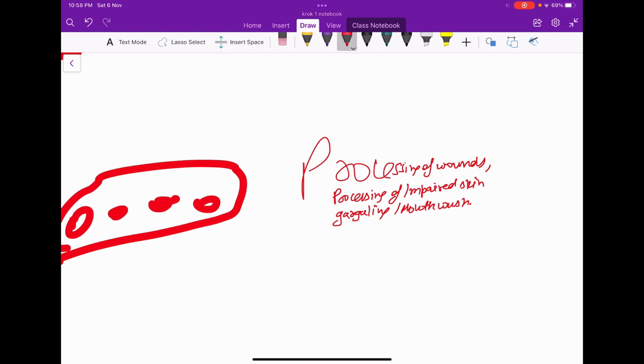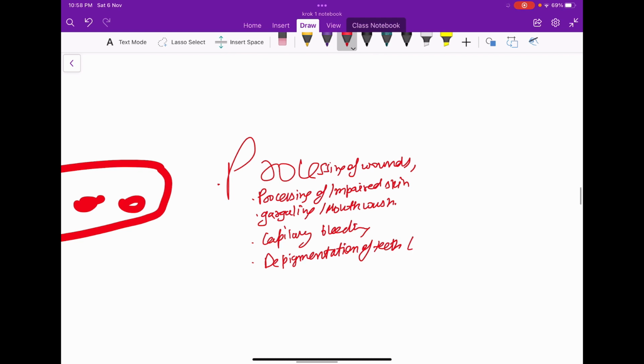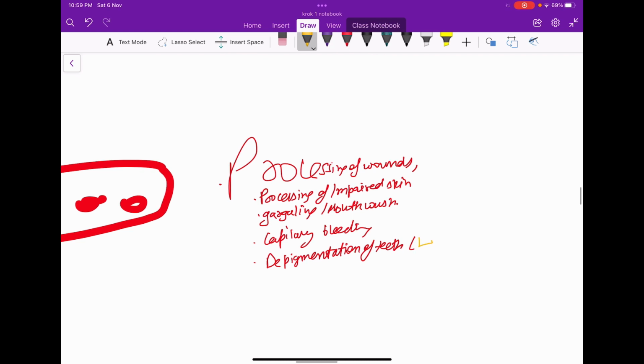Thereafter, what else can be there? It can also be used for capillary bleeding. Thereafter, the depigmentation of teeth. What I mean by the depigmentation of teeth, guys, is that some people have yellow teeth, right? So just to decolorize them, to make them white again, we also use hydrogen peroxide.